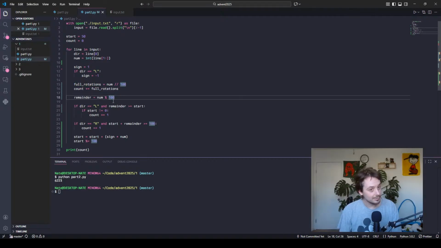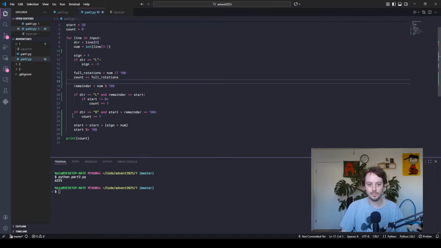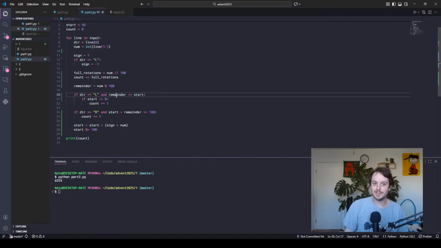Then with just the remainder, we're trying to figure out if, from where we've started, we are going to pass 0 one more time. So if we're going to the left, basically if our remainder is bigger than the number that we've started at, that's when we're going to pass 0, right?